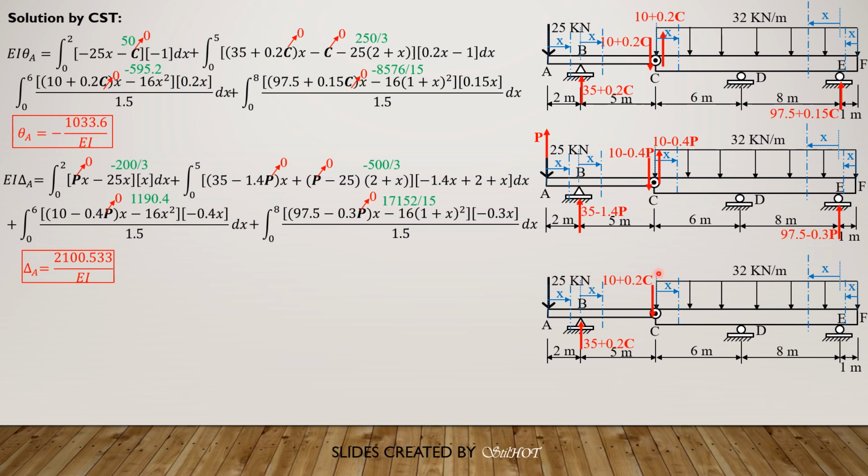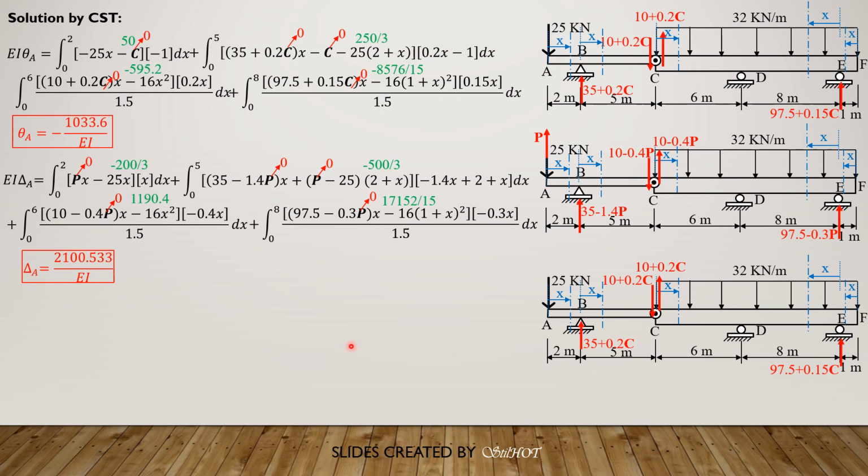Then the reaction here is 10 plus 0.2C. Then 0.2C times 6, upward and positive in terms of C, equals the reaction times 8. So 0.2 times 6 divided by 8 is 0.15C. That's why the reaction here is 97.5 plus 0.15C.